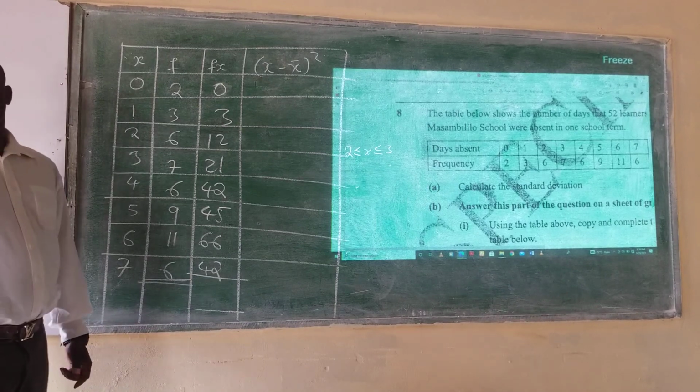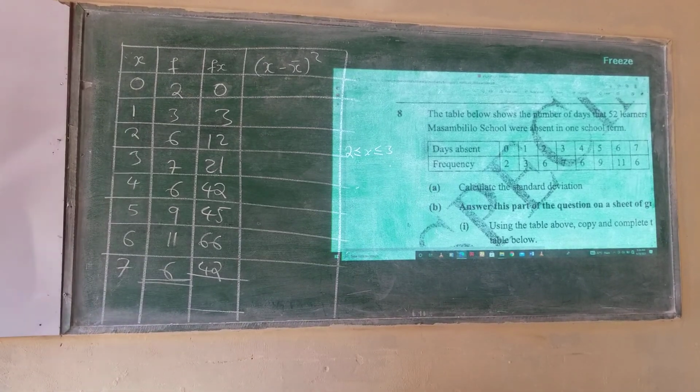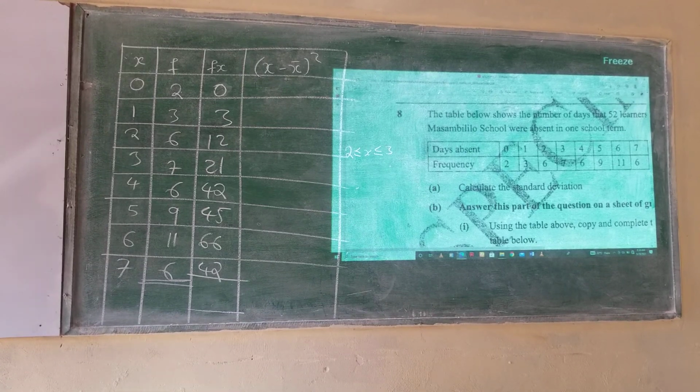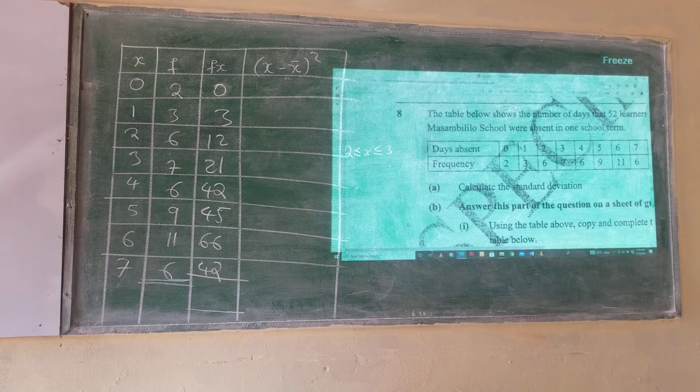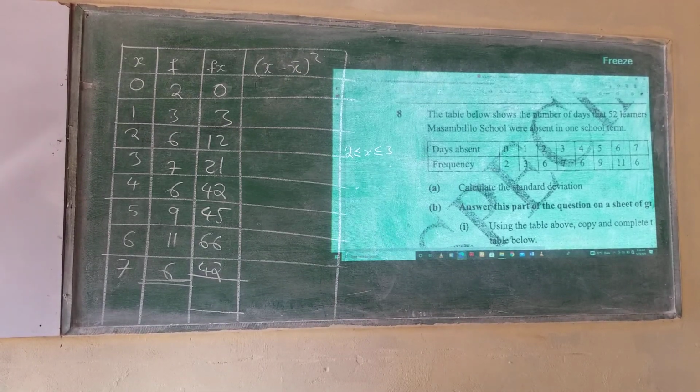So we have 0 plus 3 plus 12 plus 21 plus 24 plus 45 plus 66 plus 42. What are we getting?